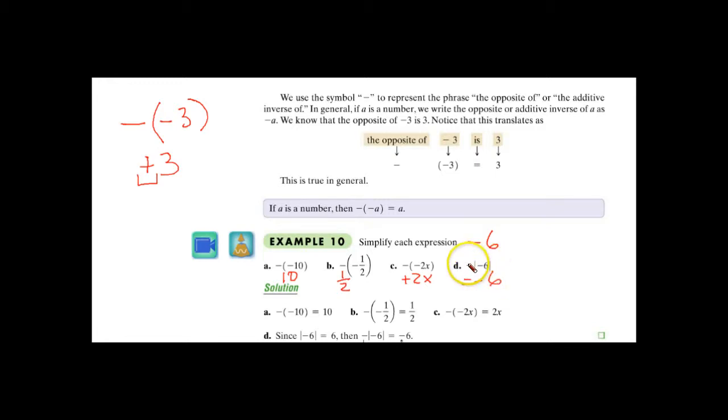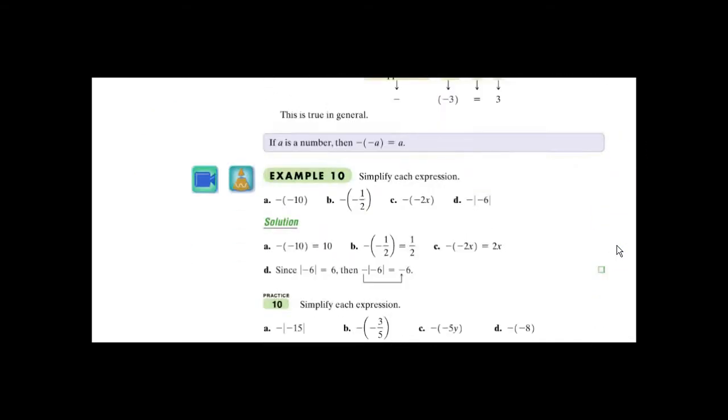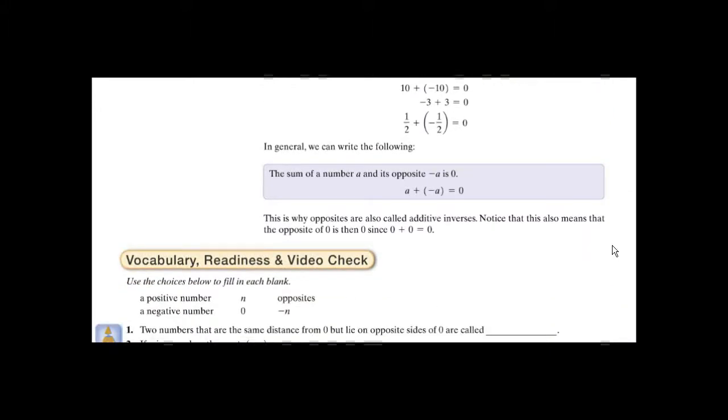Because the negative is applied after you take it out of the absolute value sign. Okay. And you'll have practice on that too. We use that a lot in our algebra course here. So adding opposites always result in a 0. So short lesson, 14 minutes.